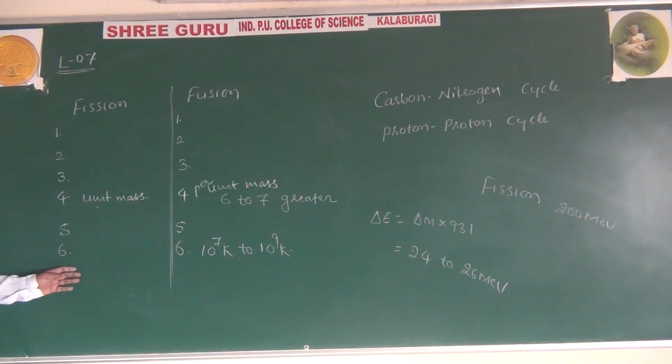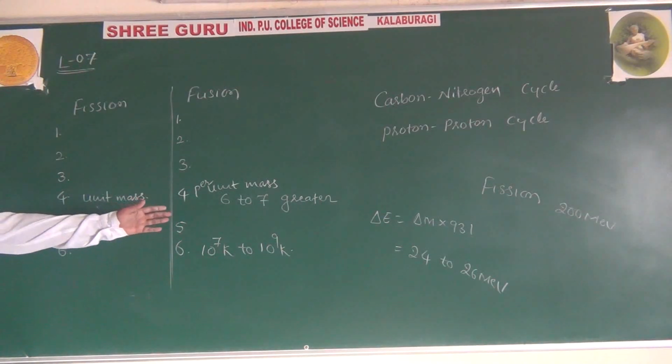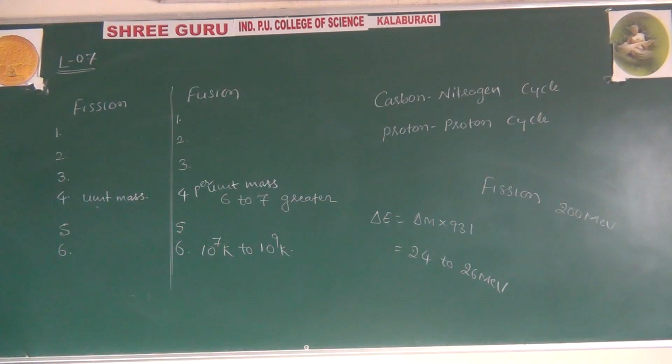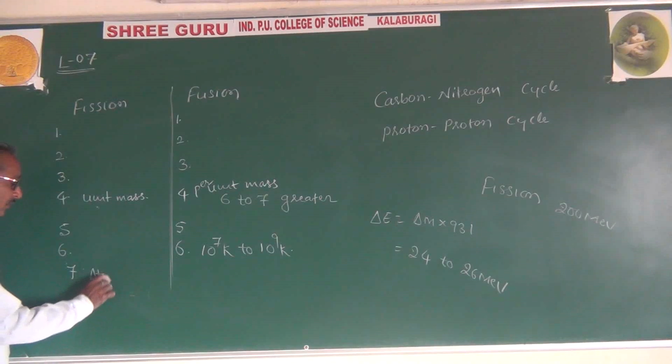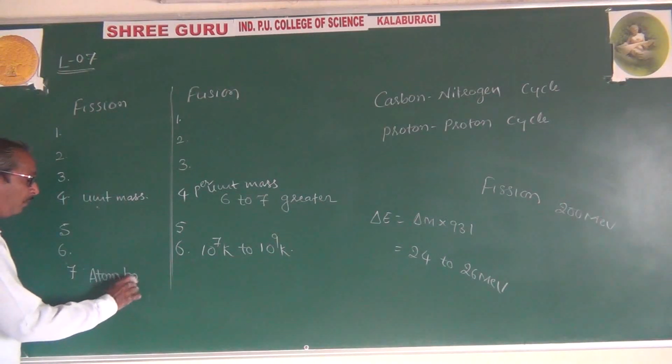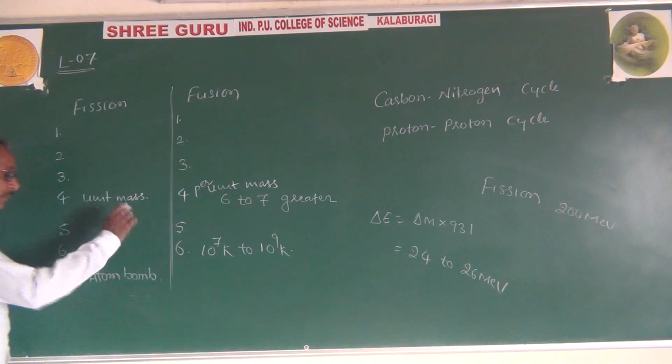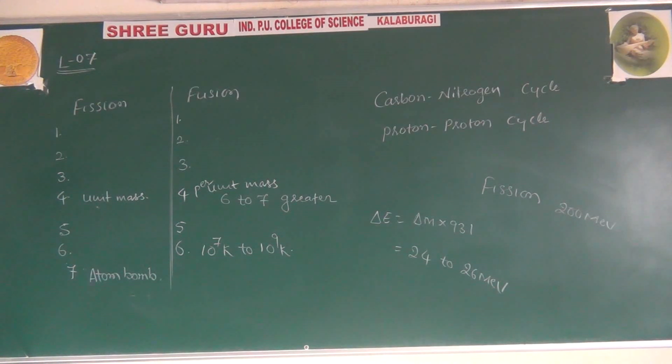Whereas fission can be realized; for this we have the reactors. For fusion we have no reactors. Based on the nuclear fission principle, there is a nuclear weapon, and that nuclear weapon is the atom bomb.